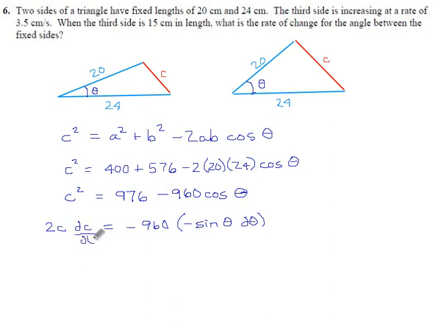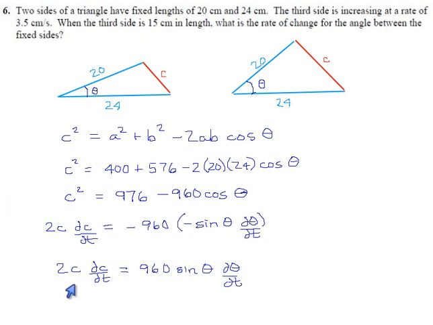And we divide both sides by dt, because we pretty much always do that. And we get 2c dc dt equals negative times negative is positive 960 sine theta d theta dt.